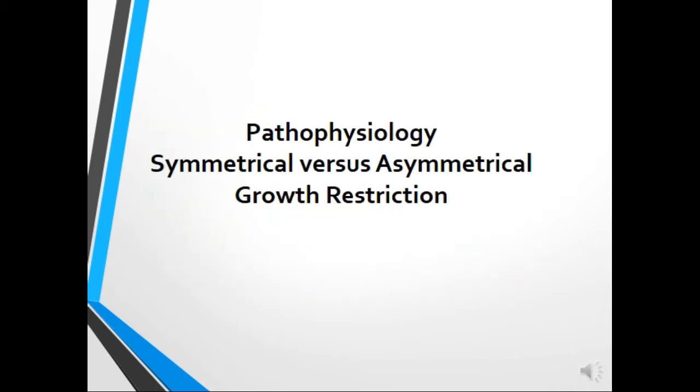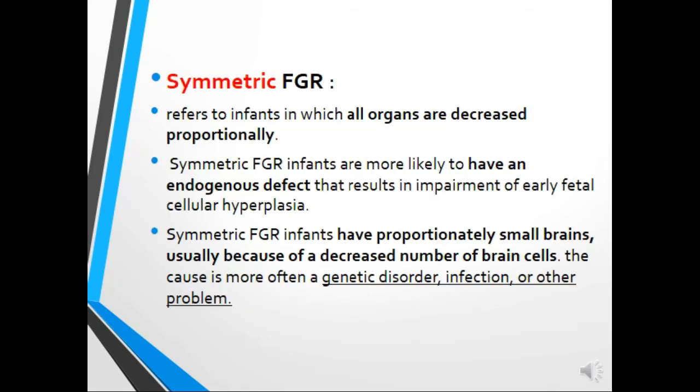Pathophysiology of symmetrical versus asymmetrical growth restriction. Symmetric fetal growth restriction means that all organs of the infant are decreased proportionally. Also, symmetrical FGR infants are more likely to have an endogenous defect that results in impaired early fetal cellular hyperplasia.